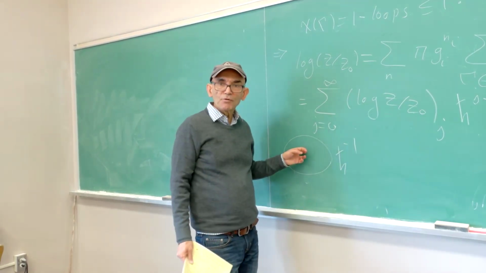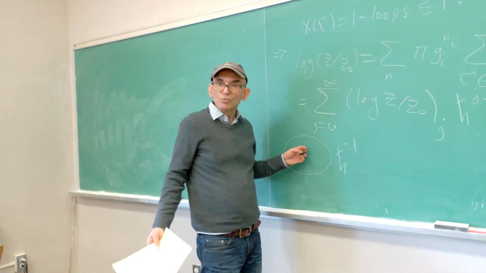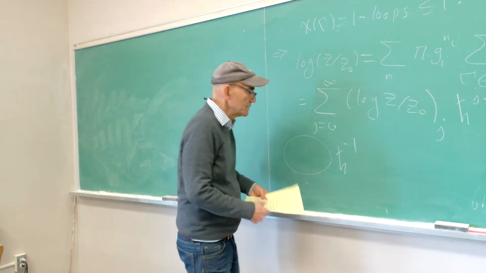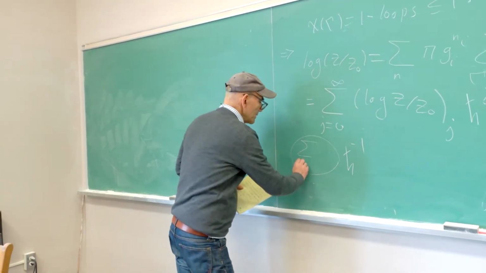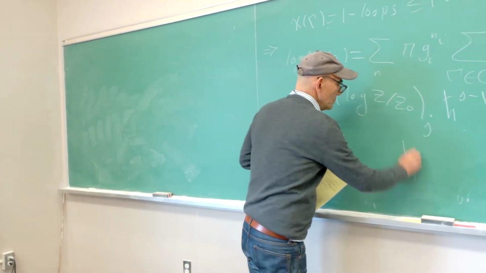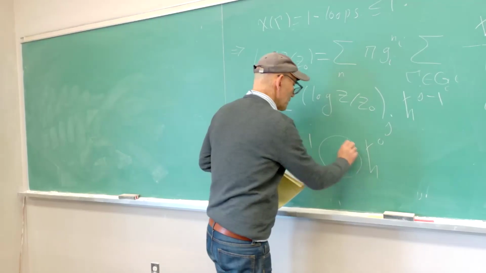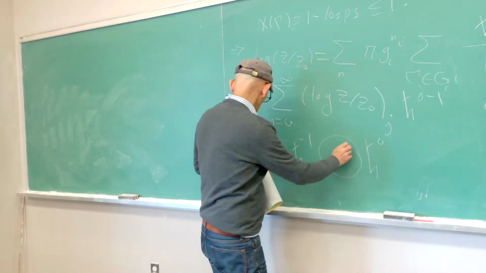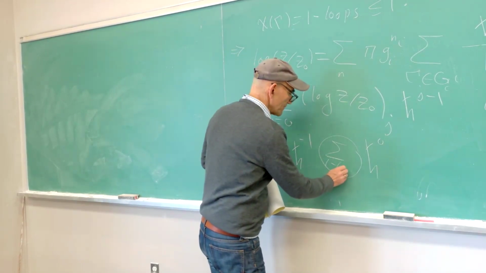This coefficient is a sum over trees, right? Because j equal to 0 means that there are no loops. So this is a sum over trees. And then there is h bar to the 0, and here is the sum over one-loop graphs.